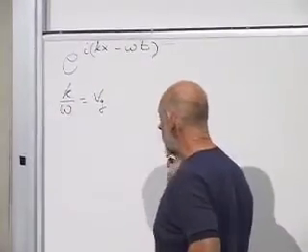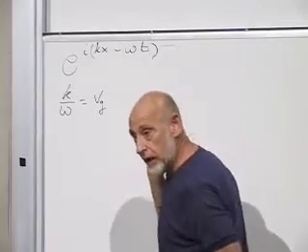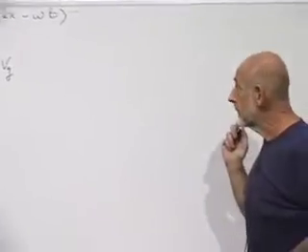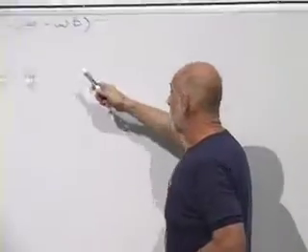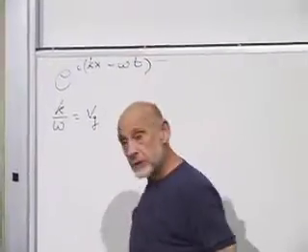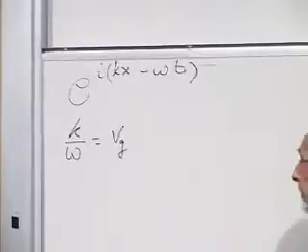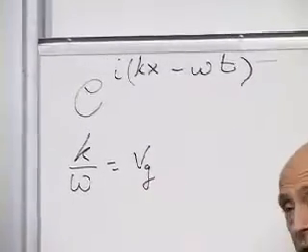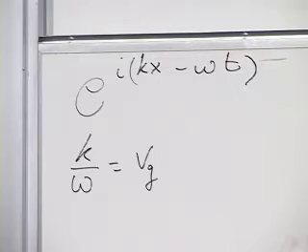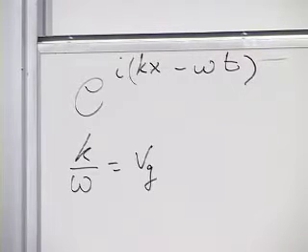If both are positive, then it's a velocity moving to the right. Again, if k and omega have the same sign, it's a wave moving to the right. If k and omega have the opposite sign, then this ratio is negative. It's fine, no problem with it. It just means the wave moves to the left.